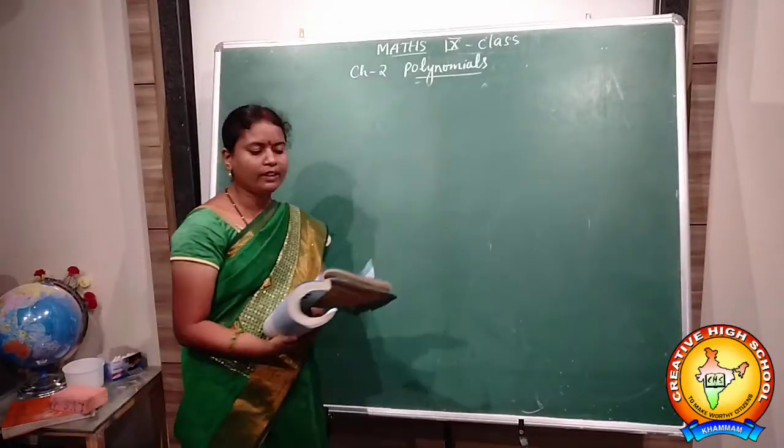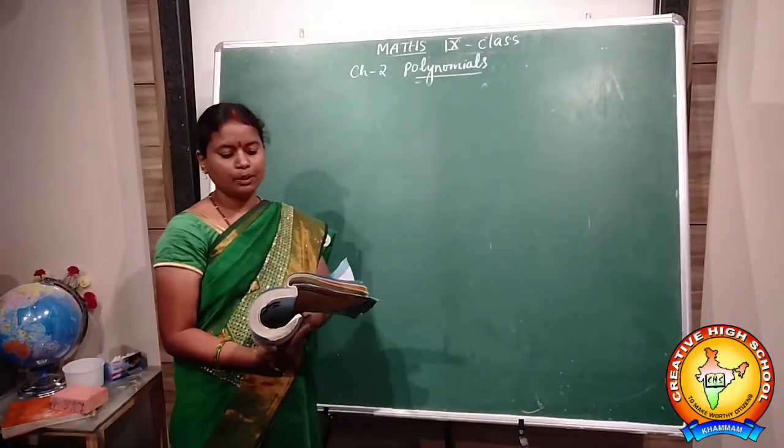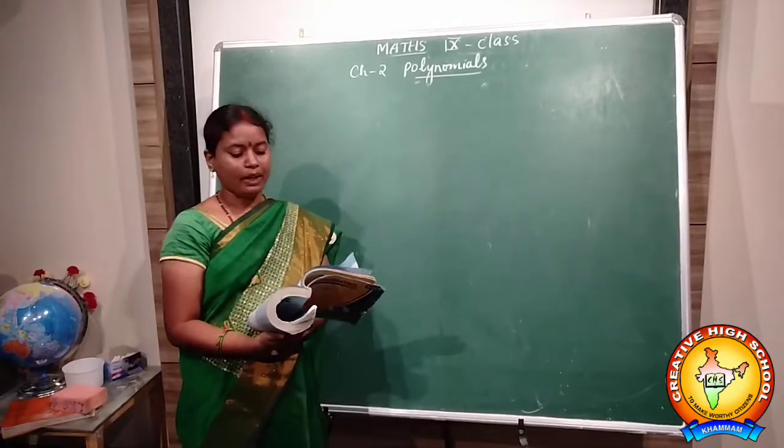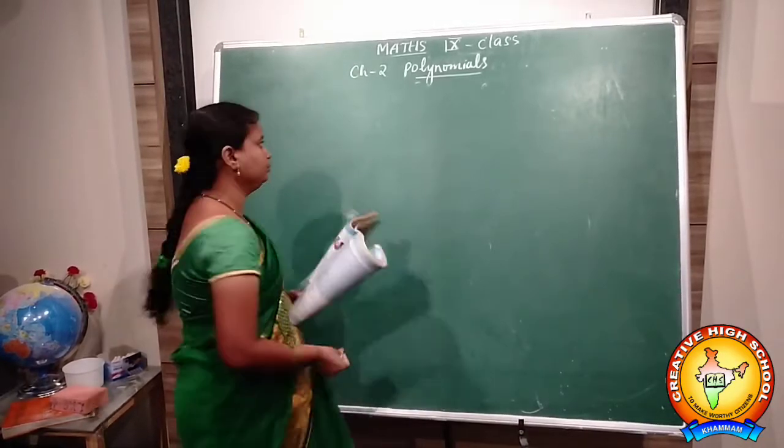Verify that 2 and 1 are the zeros of the polynomial x square minus 3x plus 2.